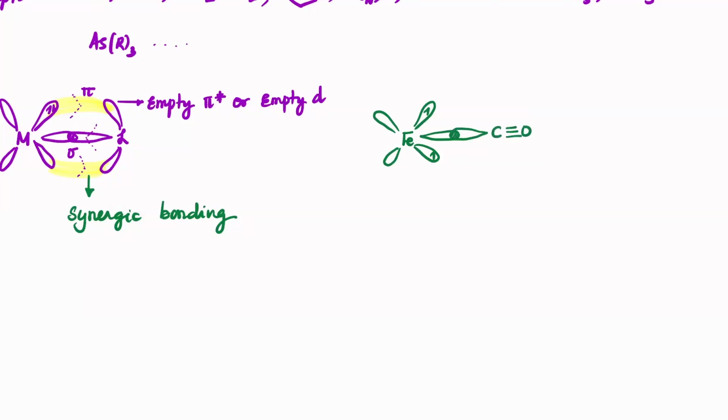Because of the pi bonds present, there will always be a pi star orbital also present on it like this. This is the way the pi star orbital looks. Now you'll see there is pi bonding forming between these two. This is the pi bond which is forming, and there is sigma bonding forming here.